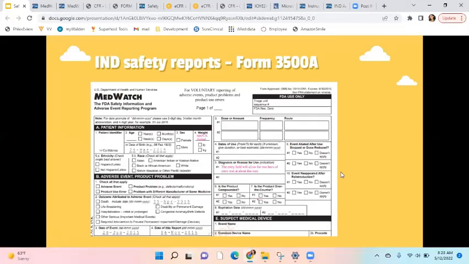The initial communication might come in an email, a phone call, or a little note, however they need to communicate it from the doctor to the sponsor, and that needs to happen within 24 hours. Then from the sponsor to the FDA, it's supposed to happen within, like we were talking about, either 7 or 15 days, and it comes in this form.